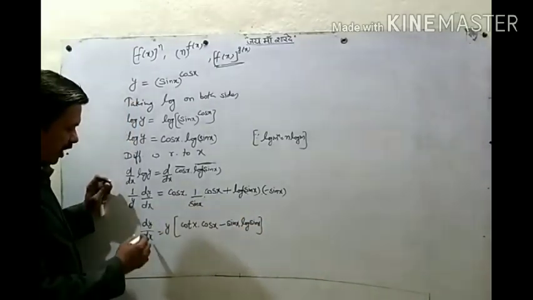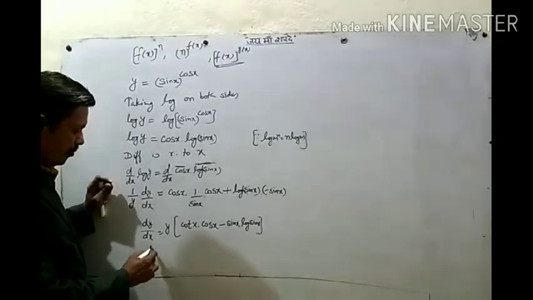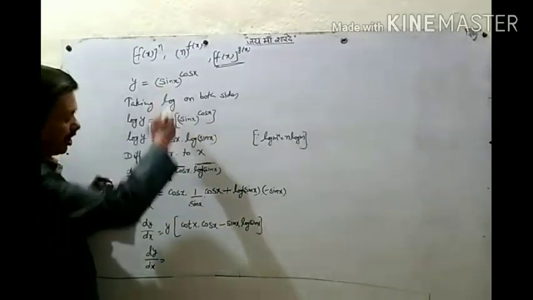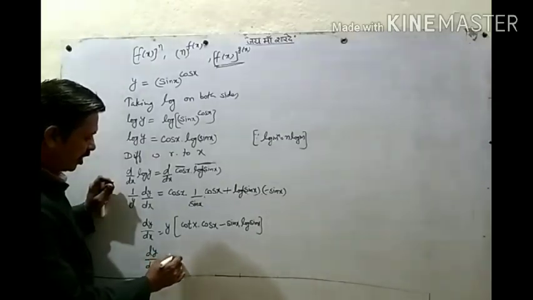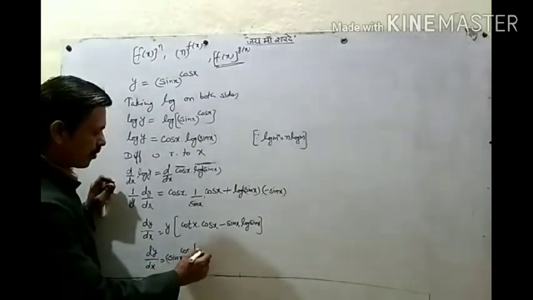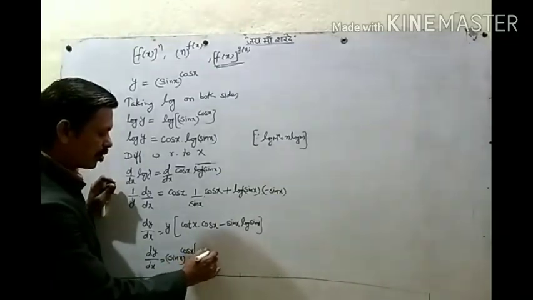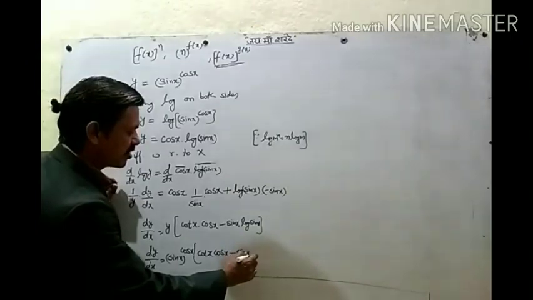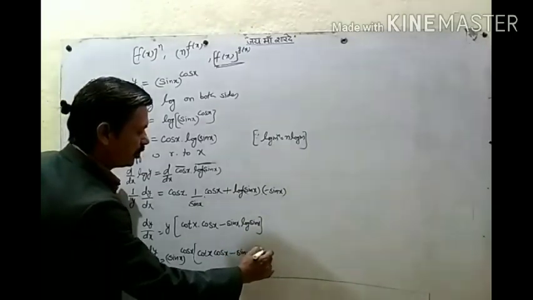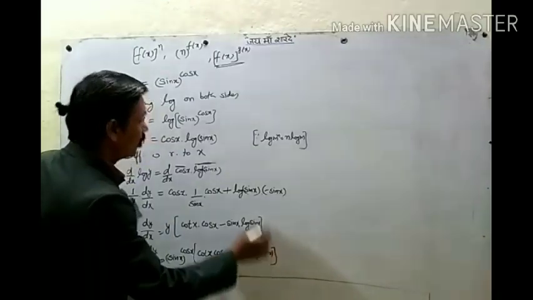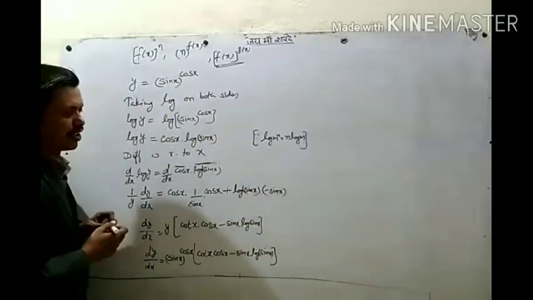So your dy by dx is equal to the value of y that we can again put here, that is sin x to the power cos x into cot x cos x minus sin x into log of sin x. So this is the derivative of sin x to the power cos x.